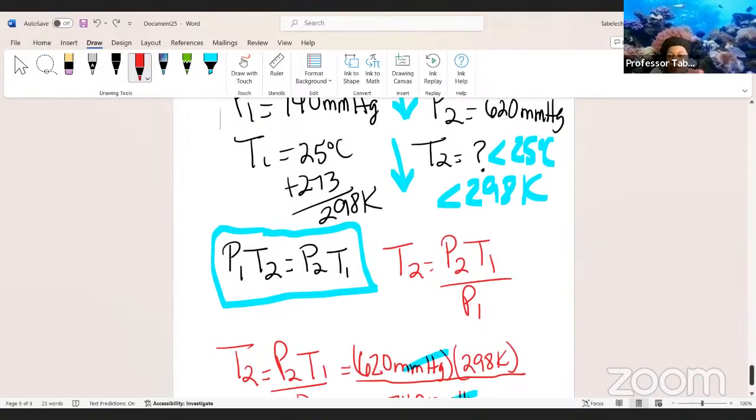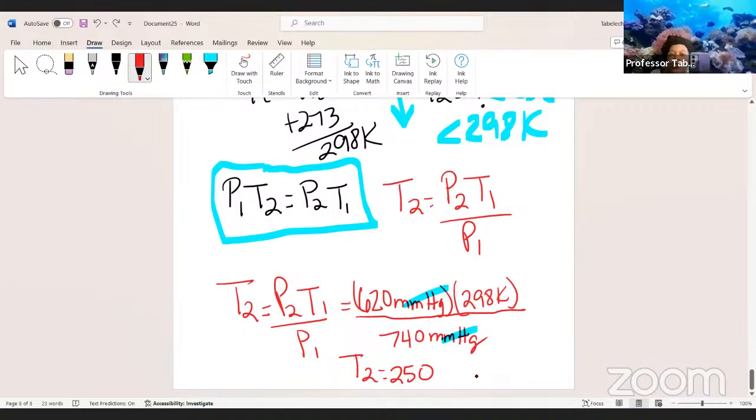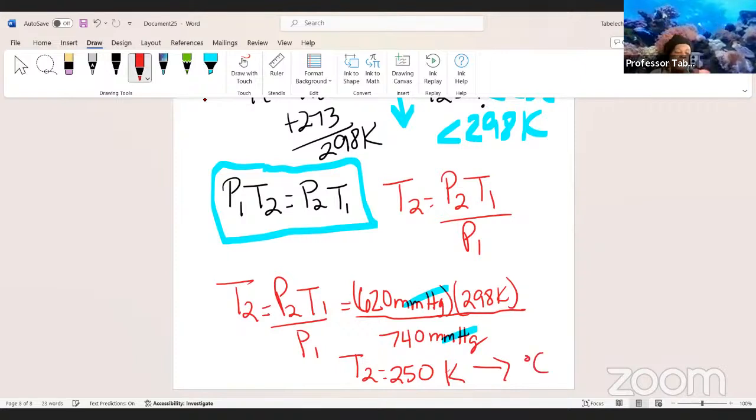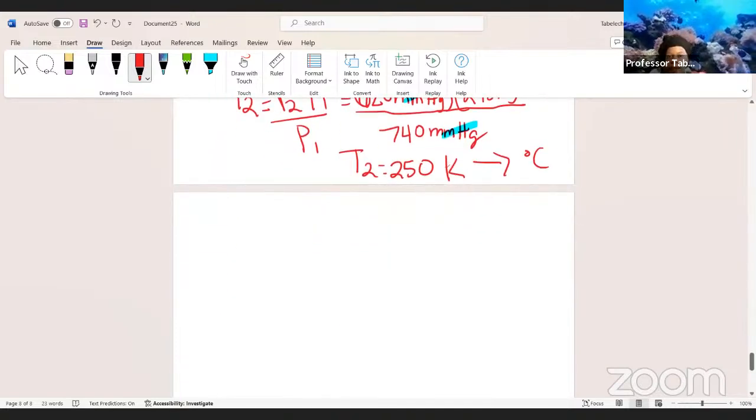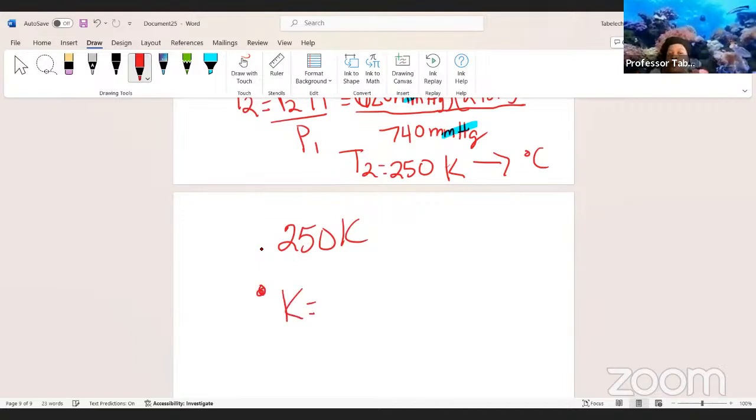Right here, because we got 250 Kelvin, we have to put our answer in degrees Celsius. So we're going to subtract 273 from that. Remember, if we're trying to find Kelvin, we say degrees Celsius plus 273, right?